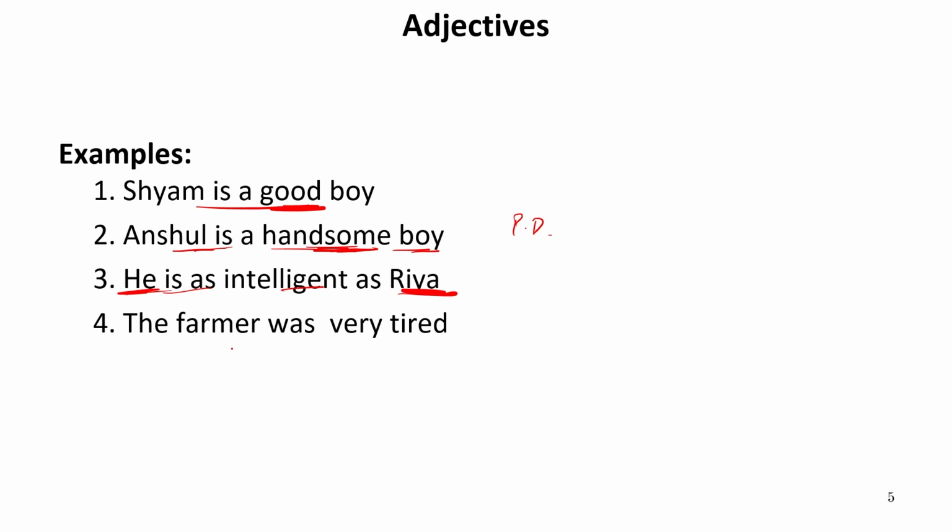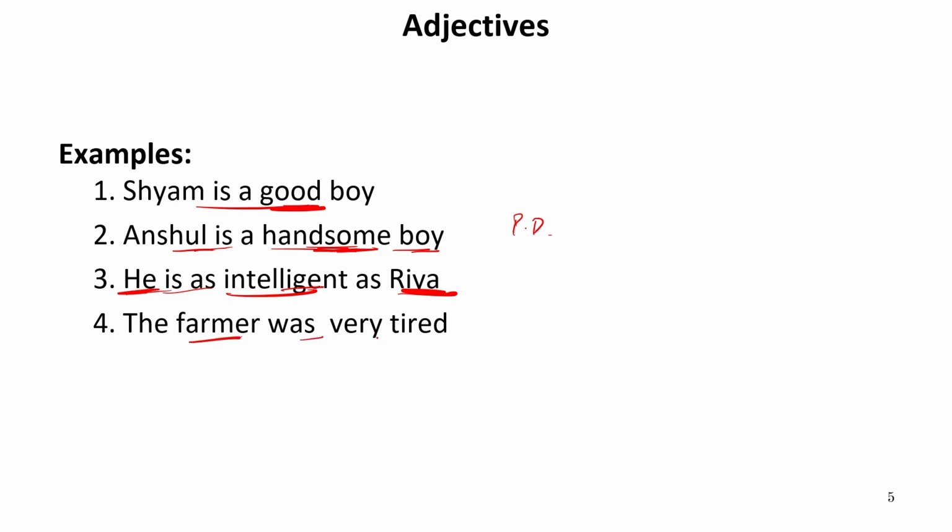So the extent of intelligence in him is the same as that of in Ria. So he and Ria are both at the same level of intelligence. So this is also the positive degree of adjective.